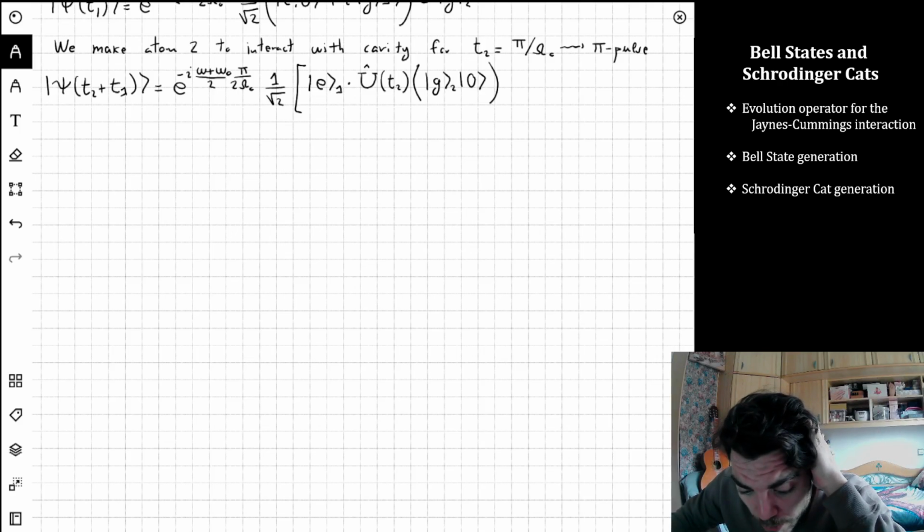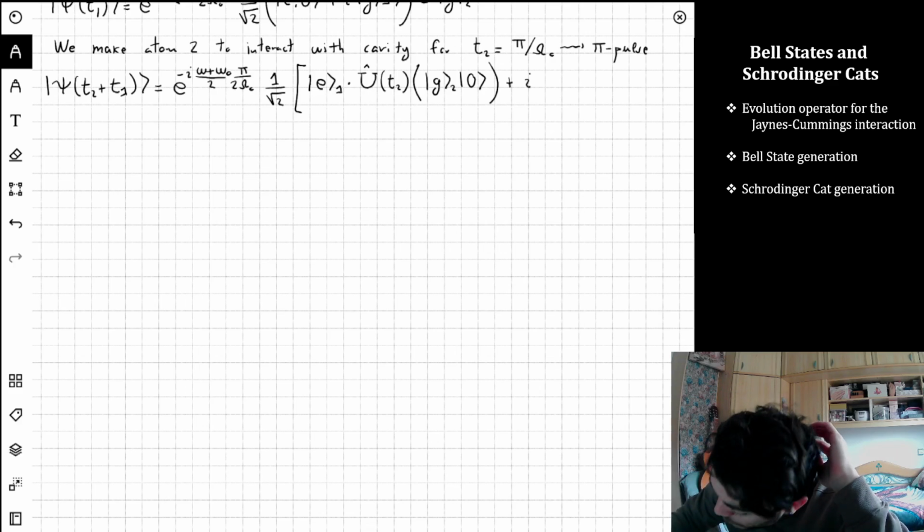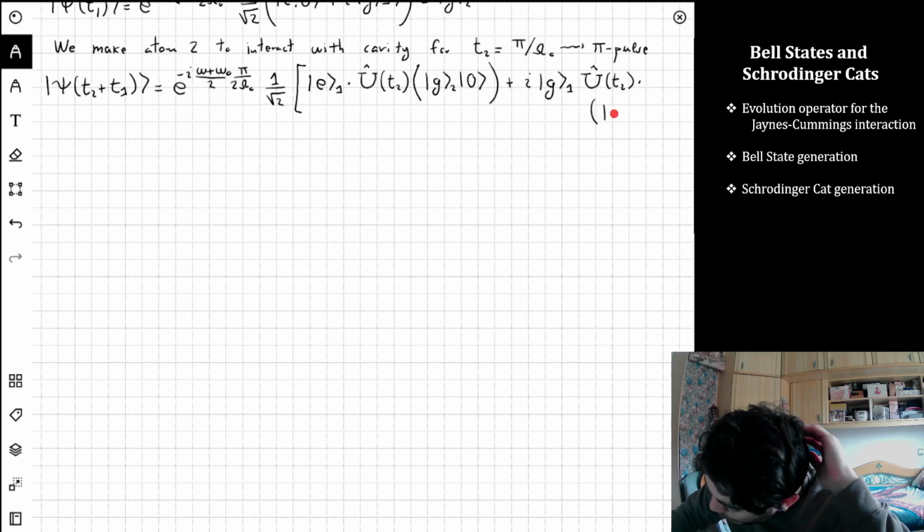And the other possibility, with a factor of i, is that you have atom 1 in the ground state, and now we apply the unitary operator u t2 on the other possibility that I write down here, which was that atom 2 is in the ground state, because we start with atom 2 in the ground state, but we have 1 photon in the cavity.